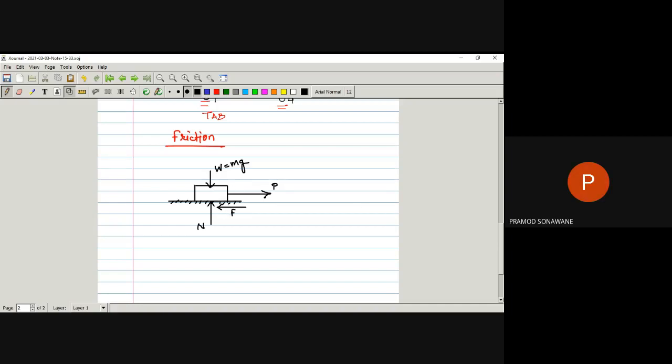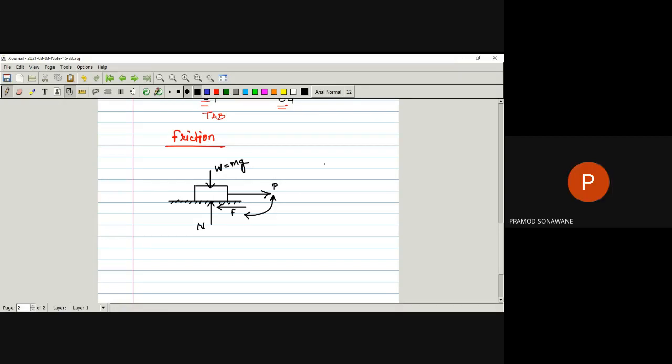So now, if suppose I apply some random value of P to this crate, it will not start its motion because there is certain frictional force or resistance force which will oppose the motion. But I know that as there is continuous application of force P, there must be some relation between this applied force and this resistance force. Yes or no? Yes, ma'am.